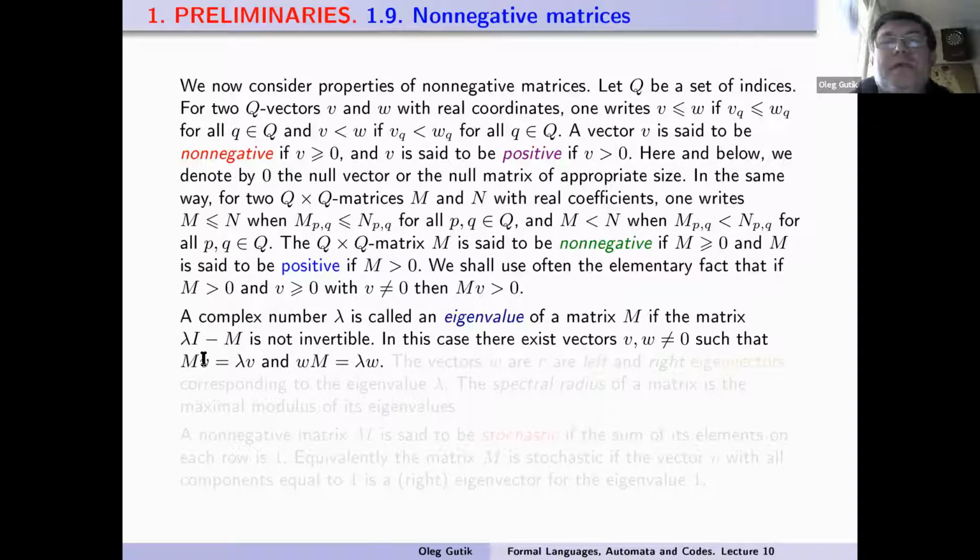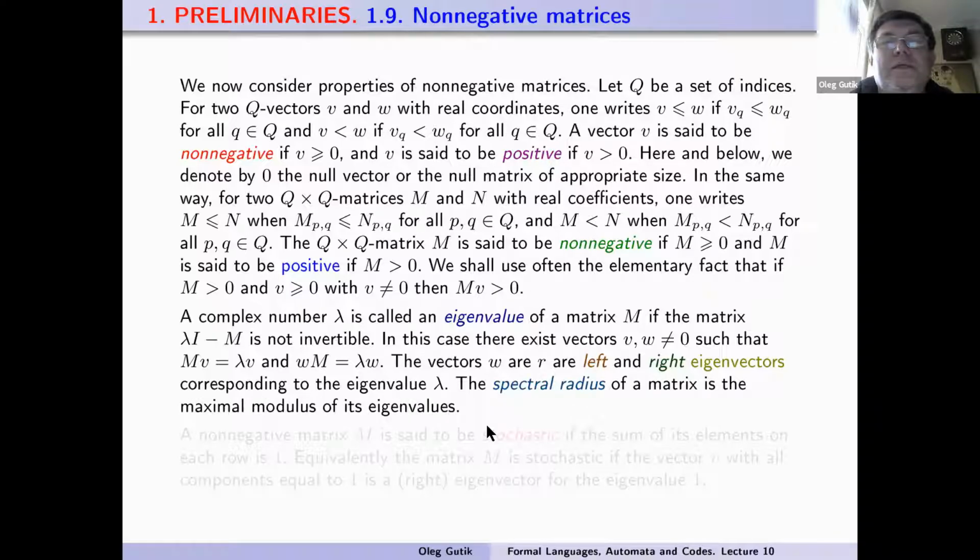In this case, there exist vectors V and W, V distinct from the zero vector, such that MV is equal to lambda V and WM is equal to lambda W. The vectors W and V are the left and right eigenvectors corresponding to the eigenvalue lambda.